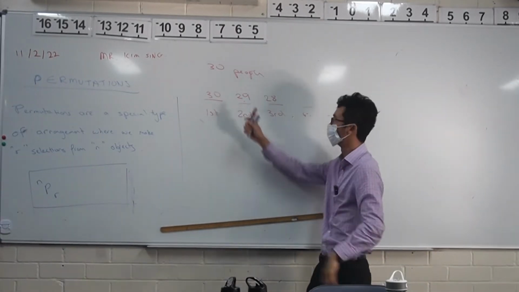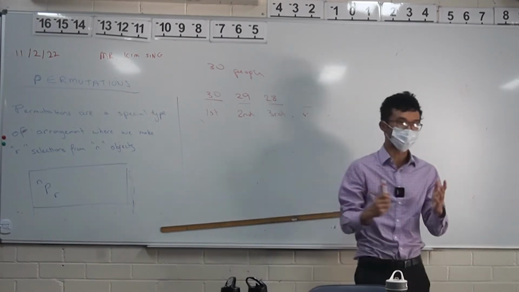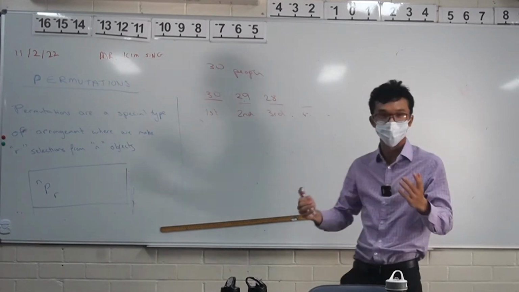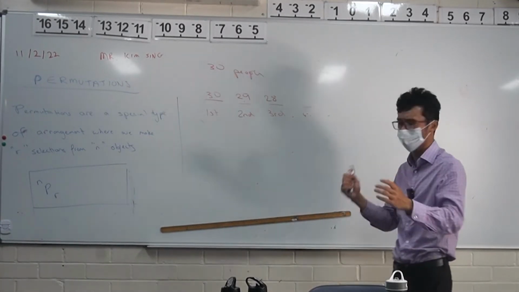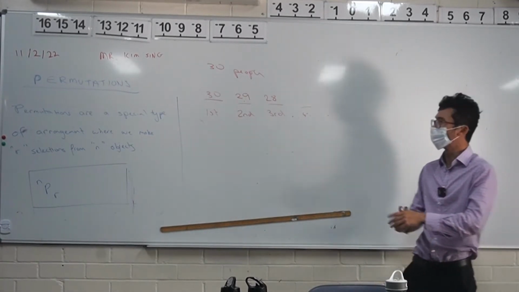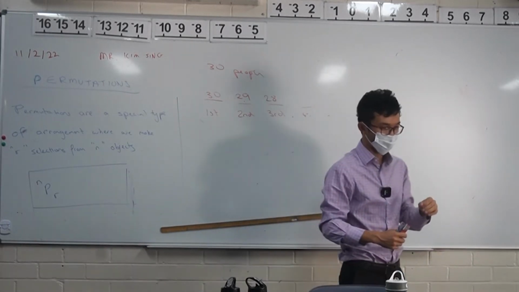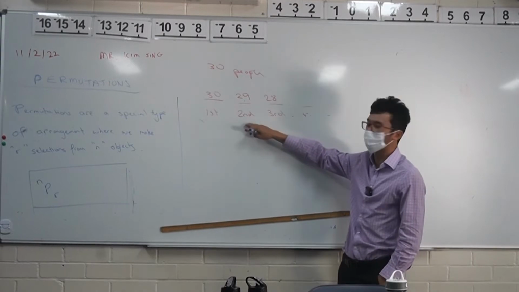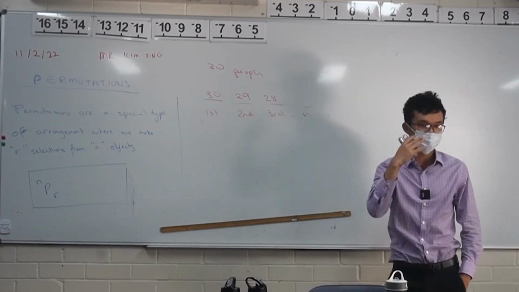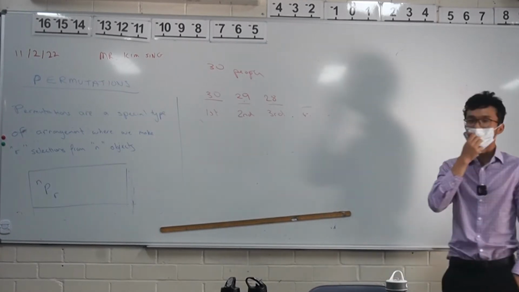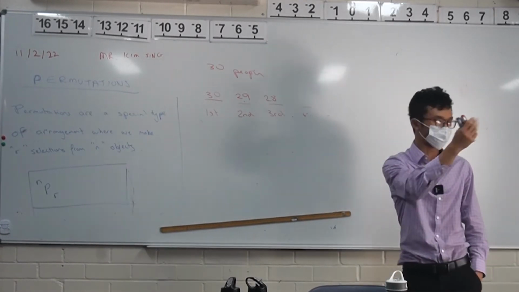What are the objects? Well, they're people, right? They don't have to be people, they can be anything. You can be selecting from anything. It could be numbers, it can be letters, and they come up with all sorts of situations. Often they use people because in these situations, there's also a particular order, right? So the positions matter. First, second, third, that's an order, as opposed to what if you were just selecting people for a cricket team.